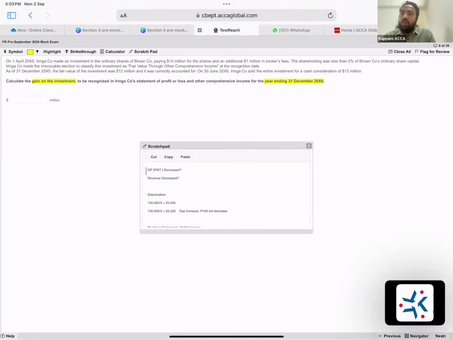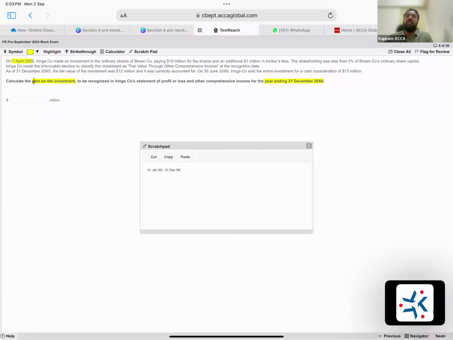So the relevant financial year for this particular question starts on 1st January X6 and ends on 31st December X6. So whatever happened in April X5 is last year, previous financial year, not a botheration for this particular question.